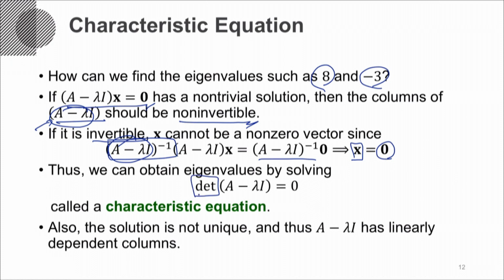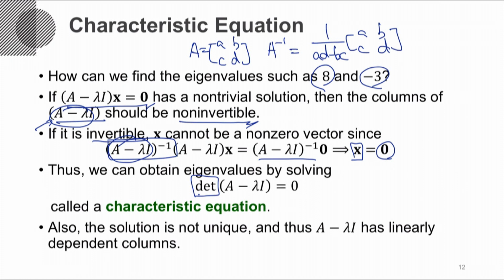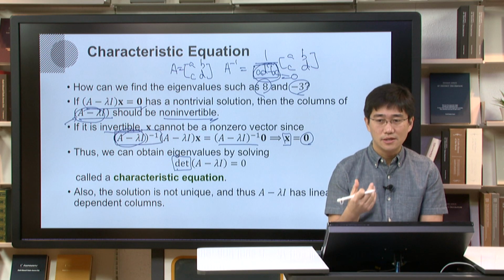If you remember the 2 by 2 case where A was a, b, c, d, A inverse had this formula, and we consider the situation where A inverse does not exist, which is when this denominator is 0. If the denominator in this part is 0, then the matrix A is not invertible, and if this is not 0, then it will be invertible.